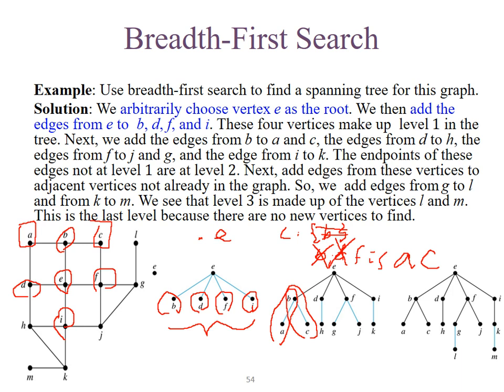So you cannot add A and E into the list L. You can only add H. So in this case, we add H into the list and add DH into the tree.